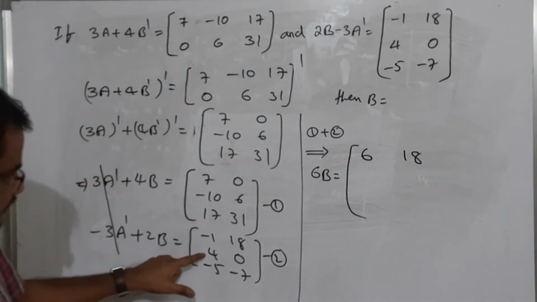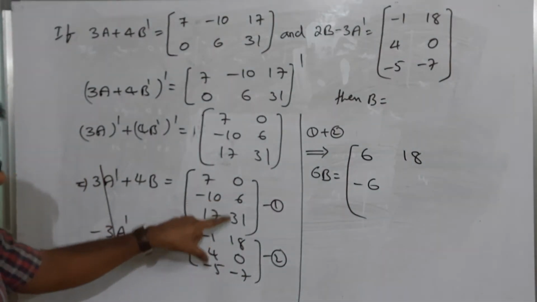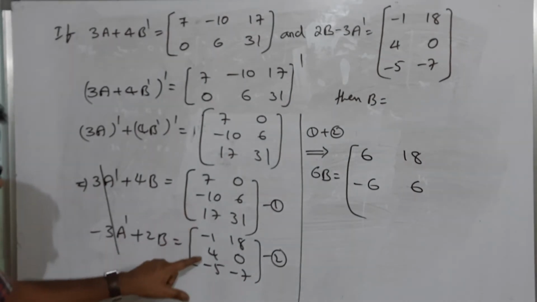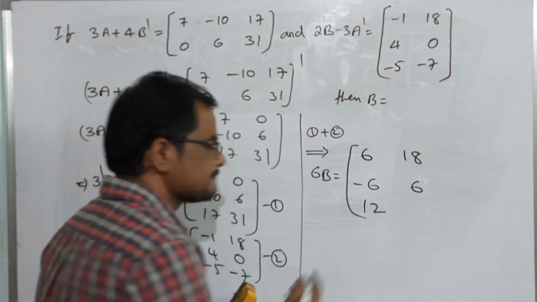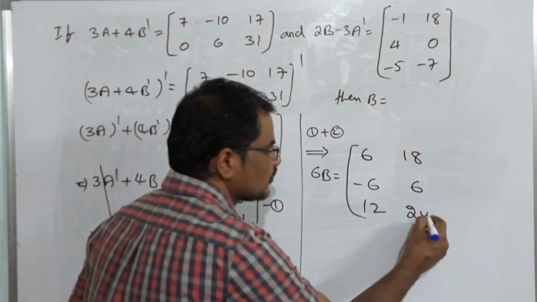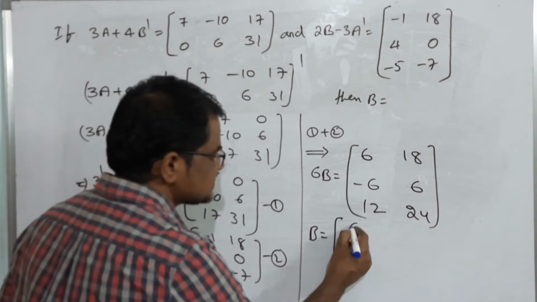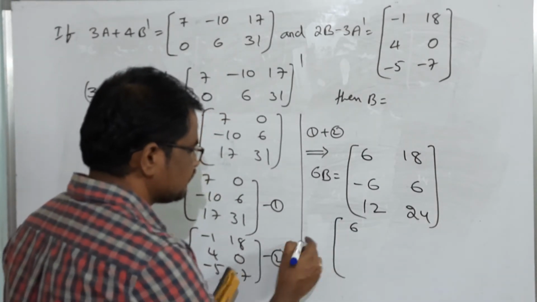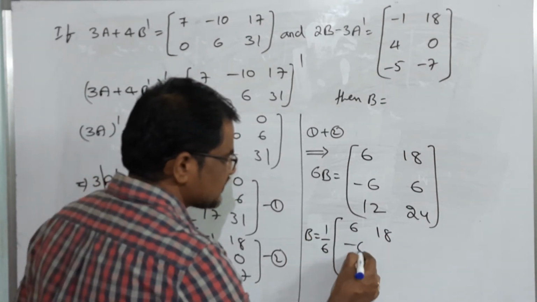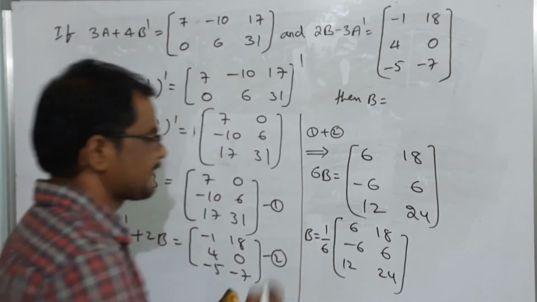Next, minus 10 plus 4 is minus 6, and 6 plus 0 is 6. Next, 17 minus 5 is 12. Next, 31 minus 7 is 24. Now 1 by 6 into 6B equals 1 by 6 into the matrix [6, 18; -6, 6; 12, 24].